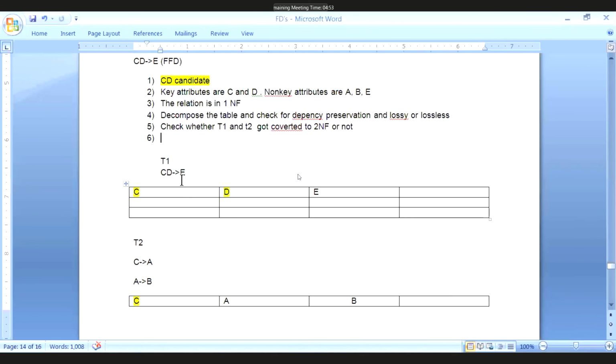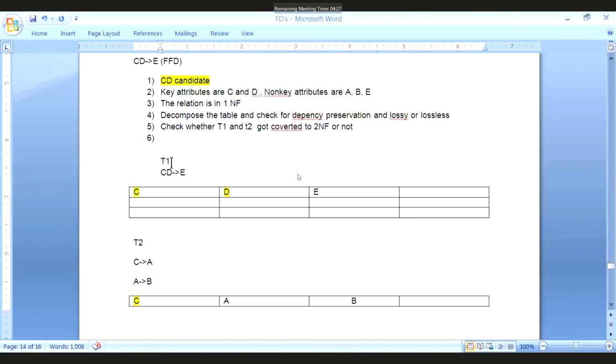Why? Because CD is the candidate key, so this is fully functionally dependent. Is T1 in 3NF? It is also in 3NF because no non-key relationship is there, so no question of a non-key attribute depending transitively on the candidate key arises.